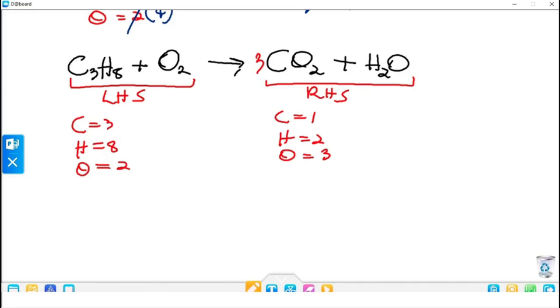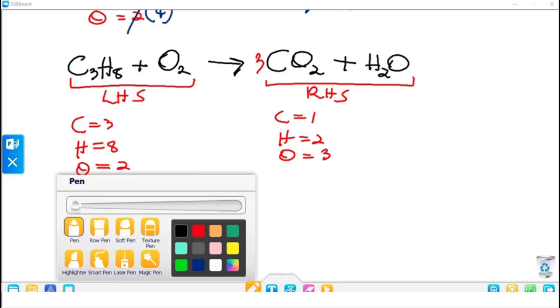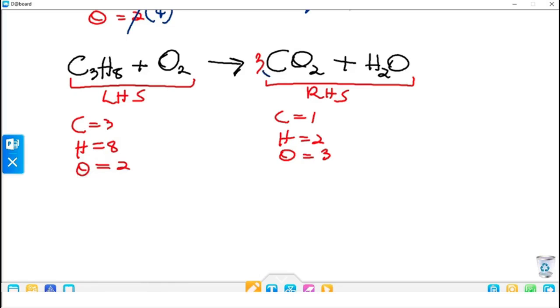So placing 3 in front of carbon, carbon will become 3. But it is good to observe that the number there has made carbon become balanced, but it has affected oxygen. Oxygen will now become 3 times 2, 6.